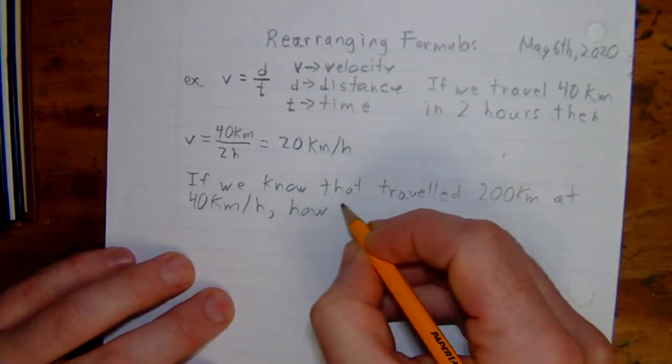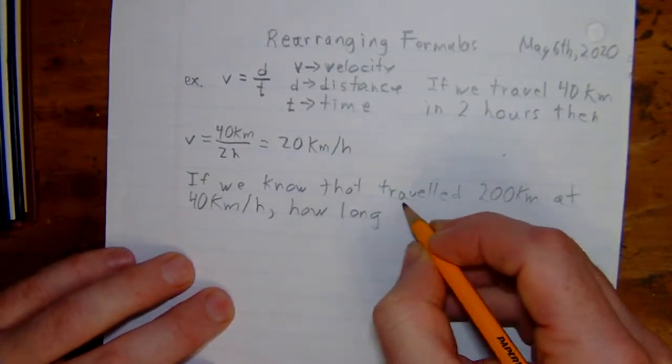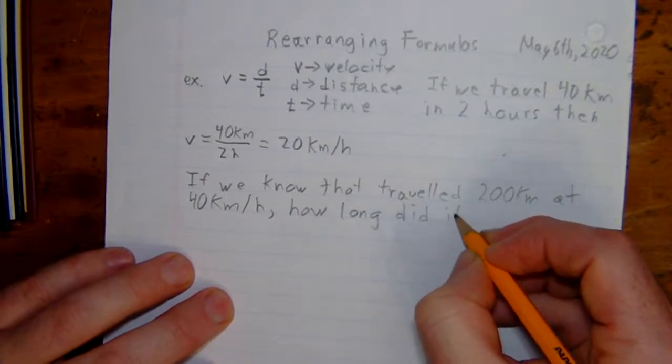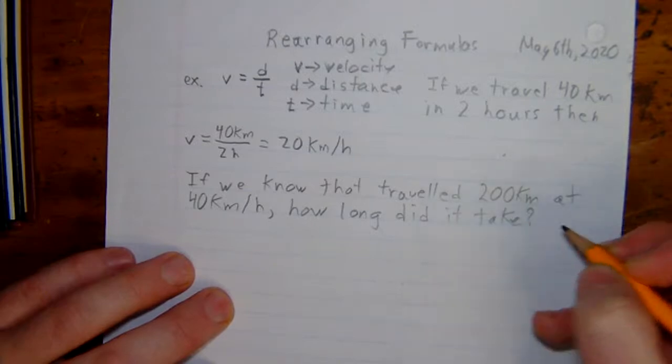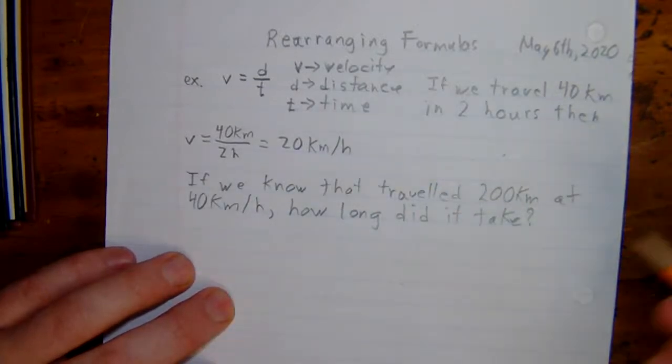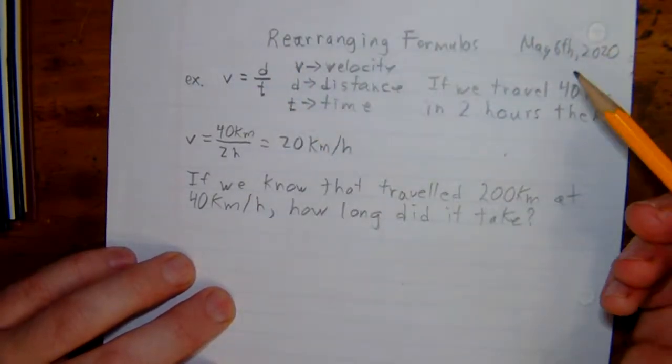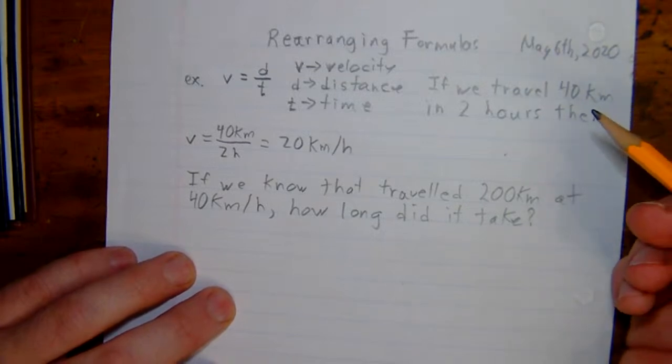How long did it take? We want to know the time. Well, one thing we could do is plug all of these things into the original formula and just try and solve for t from there.